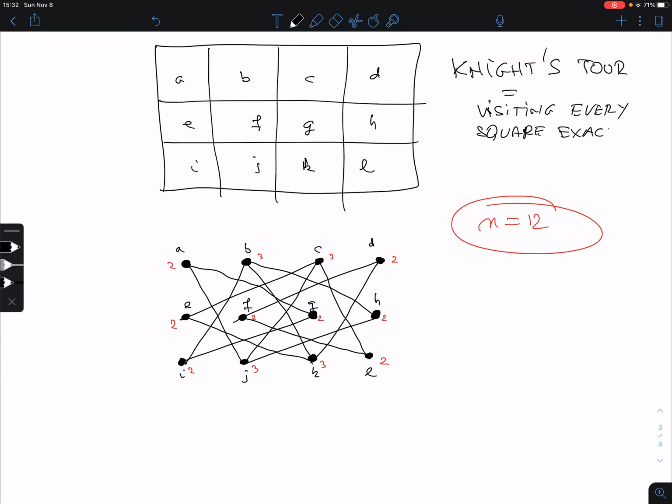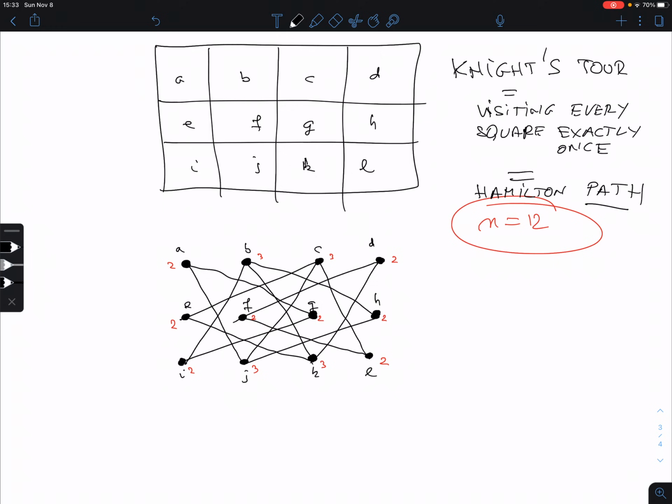I'm so sorry, I keep mixing these two concepts up. It's a Hamilton path we want, not a Hamilton circuit. A Hamilton circuit will be visiting every square once and being back where you were. This has a name, a reentrant knight's tour, but let's not think about that. So I'm now looking for a Hamilton path.